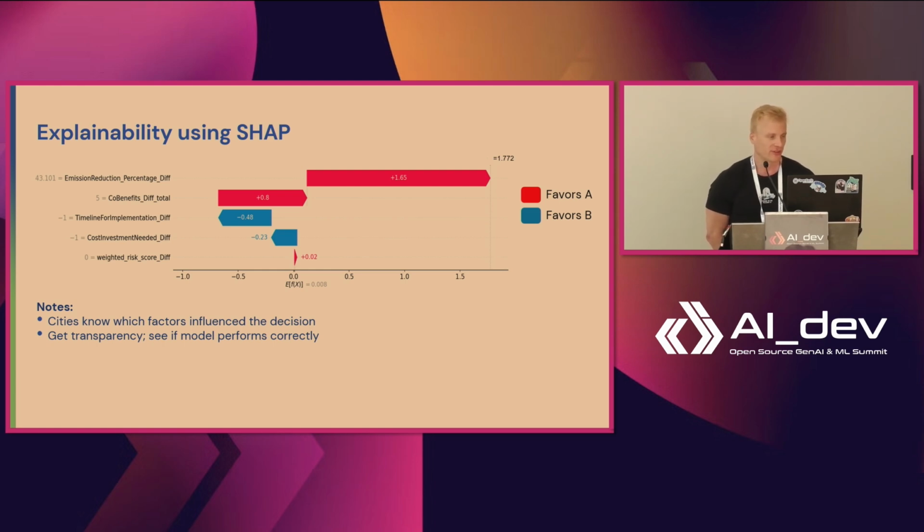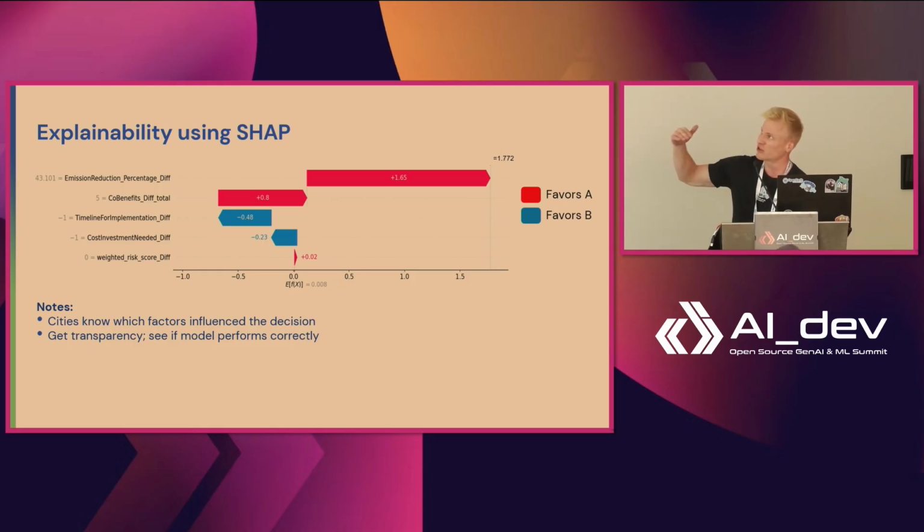So this is about the explainability using SHAP. As I said, for everyone who doesn't know it, it's super important to tell cities and also to confirm with us that the model is working correctly. Here you can basically see what it is. It tells us for each feature that we have how this feature influences the total decision of the model.